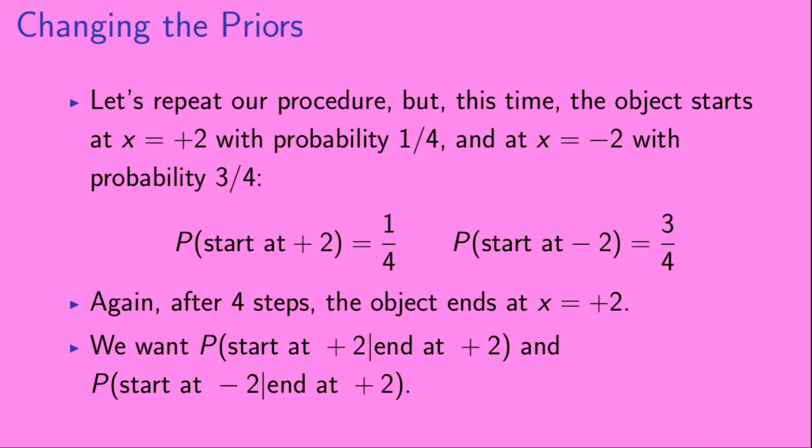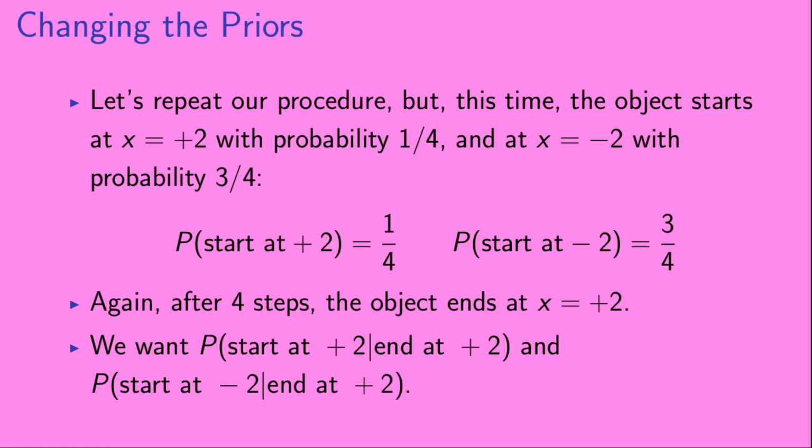Let's repeat our procedure, but this time the object starts at x equals plus 2 with probability 1/4, and at x equals minus 2 with probability 3/4. So this time P of start at plus 2 equals 1/4 and P of start at minus 2 equals 3/4.